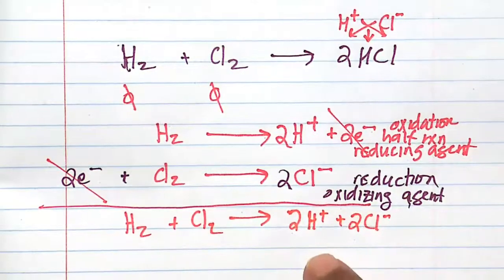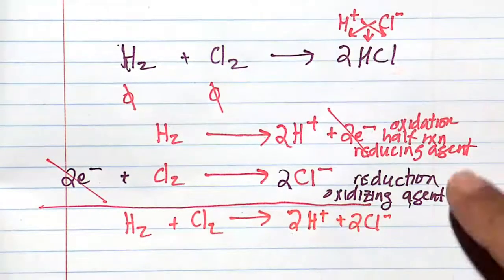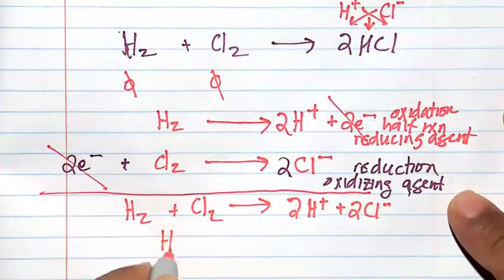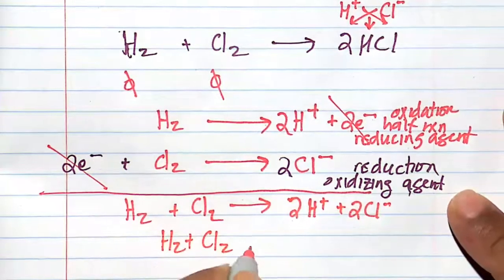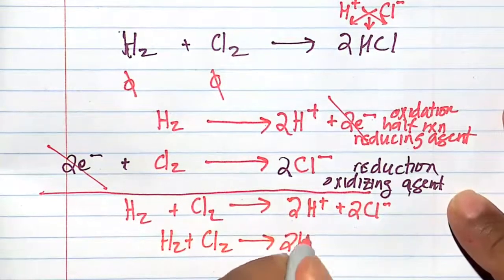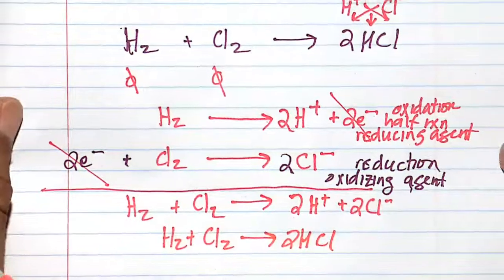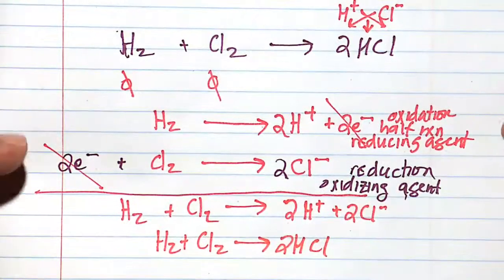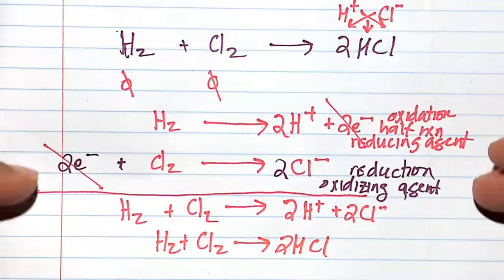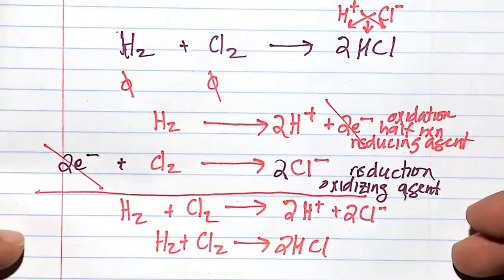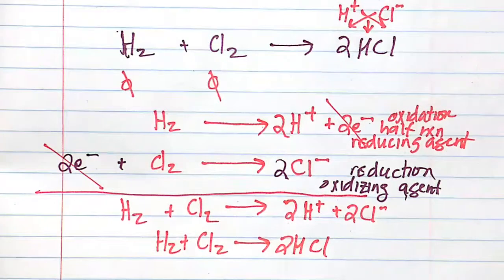Well, 2H+ plus 2Cl- is nothing more than 2HCl. So what I want to illustrate to you here is that we just split this reaction into its oxidation component and its reduction component. If you add those two components back together, you automatically get the original reaction.